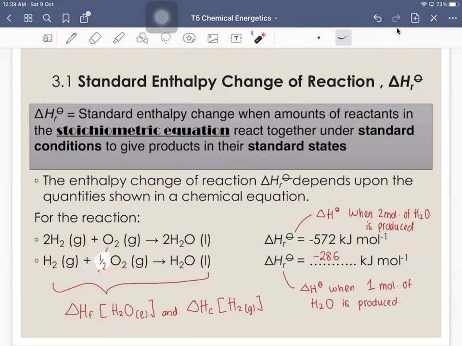So if you want to copy this down, another thing that I want to add on before you copy this down, enthalpy change of reaction, the value can be positive or negative. Okay, so if you want to copy this down, you can pause here.